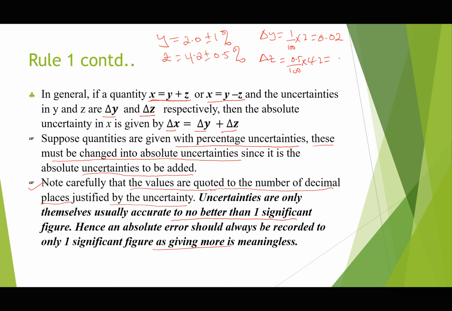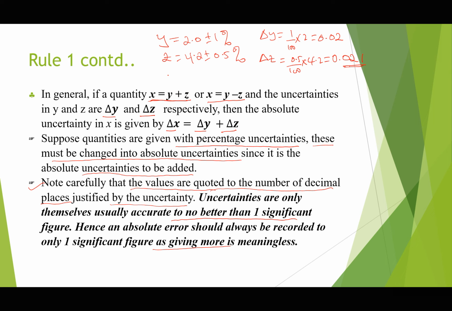When I press my calculator here, and you should also be pressing yours, that is 4.2 times 0.5 divided by 100. So this is giving me 0.021. That is absolute. Now somebody will say, but teacher, you have written this to more than one significant figure. This is not the final value of x.